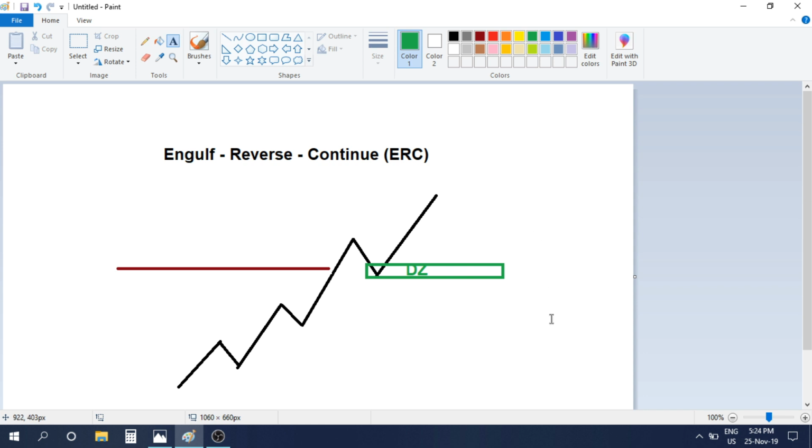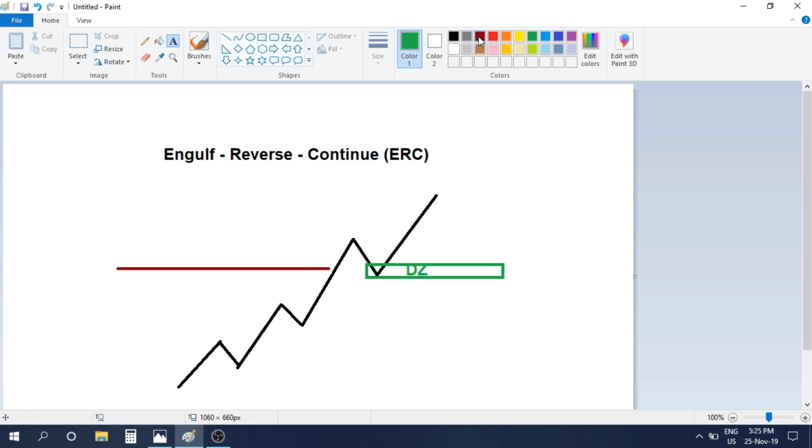Okay, so two clarifications here. First is that I'm sure there would be a question regarding the location of this zone, this ERC zone. So in this first case, what happened is that price engulfed this barrier.